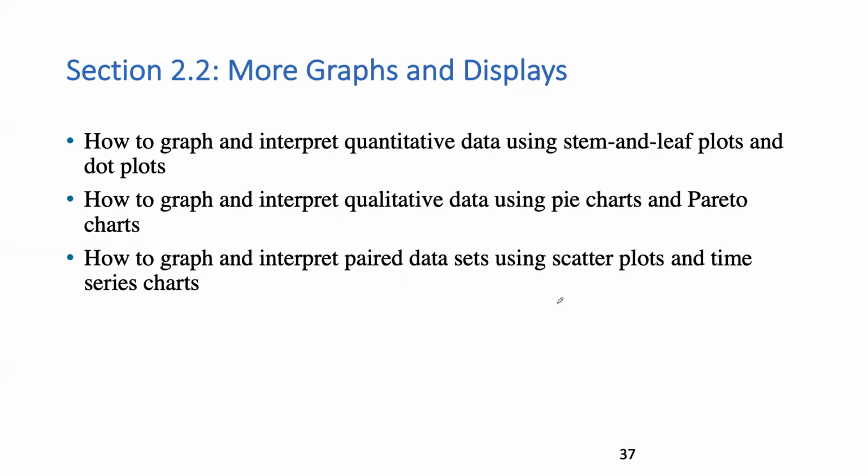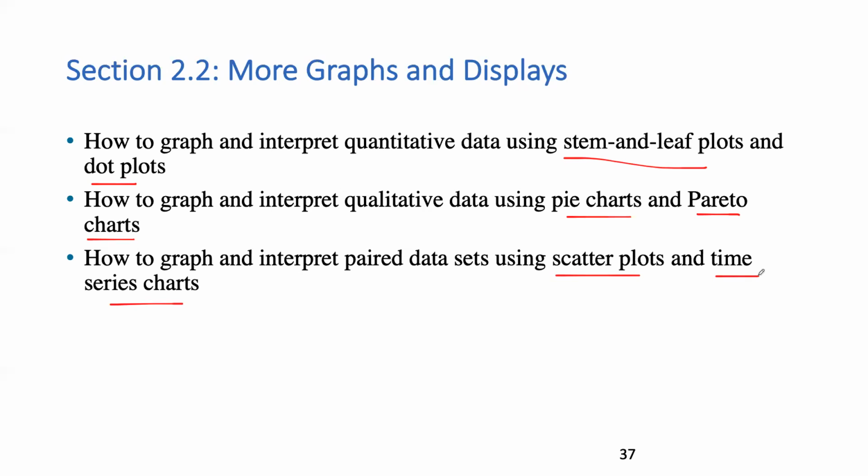So we'll talk about stem and leaf plots, dot plots, pie charts, and Pareto charts. And then we'll talk about how to use scatter plots and how to do time series charts. So a few more of these graphs, and that's where we'll end the session for this week. So now you have a basic introduction into descriptive statistics.